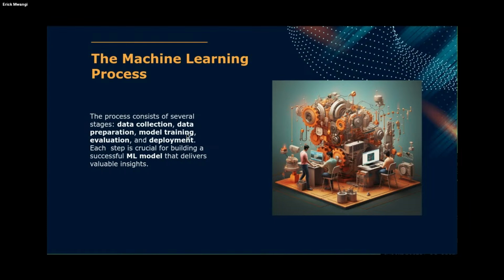If you are trying to create a machine learning model that is going to predict whether a person has cancer, you'll need data of people who tested positive for cancer and those who do not have cancer. You need to have both sides, you should not be biased. Then data preparation, model training, and deployment, that's what we're going to go through. So maybe you can go to the next slide.